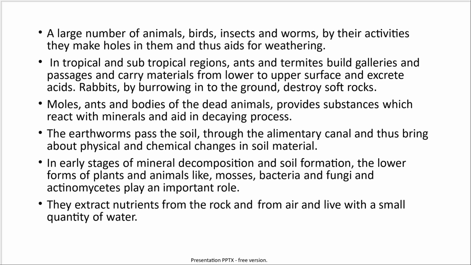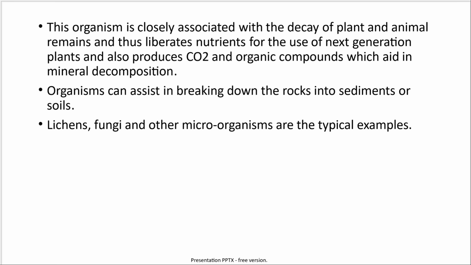The mosses, etc., extract nutrients from the rock and from air and live with a small quantity of water. This organism is closely associated with the decay of plant and animal remains and thus liberates nutrients for the use of next generation plants and also produces CO2 and organic compounds which aid in mineral decomposition. So here we are talking about the mosses and the bacteria.